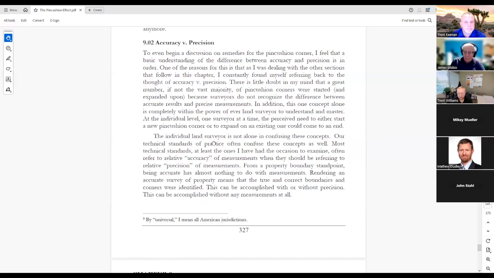If they were measuring in chains, there is inherent error in that, and that error could be rather high. And if we're measuring with a total station that's going out to 4 decimal places, those two languages really don't speak to each other.